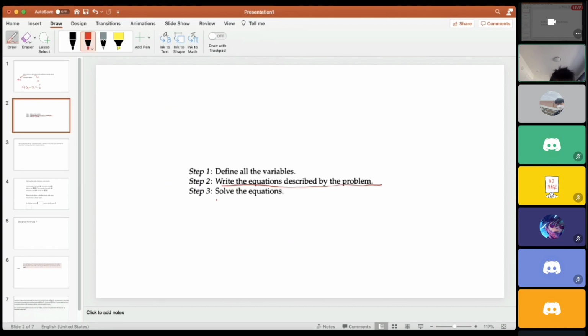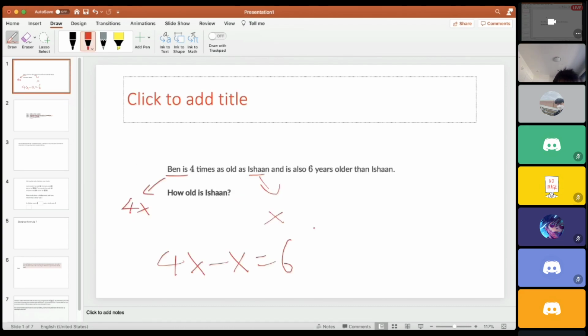And then solve the equations. This gives you 3x equals to 6. And then finally you solve for this. You have x equals to 2. Therefore, you plug this number back into the original setup. So you have x equals to 2 and 4x equals to 8.